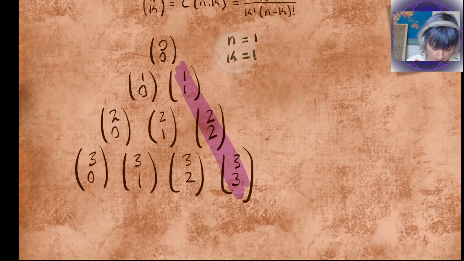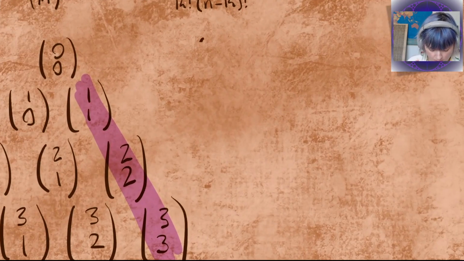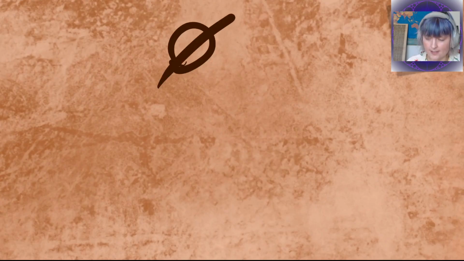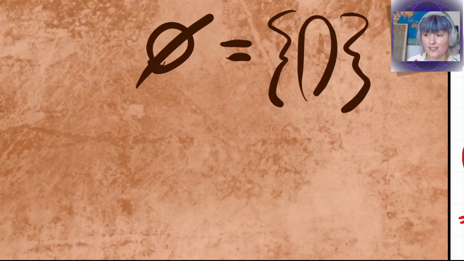Then, real quick, let's talk about 0 choose 0. There is a bit of a mathematical convention here, and I'm not sure how much sense it makes in a physical situation. But there's something called the empty set, and you might see it like this, with brackets to show that there is no element in this set.